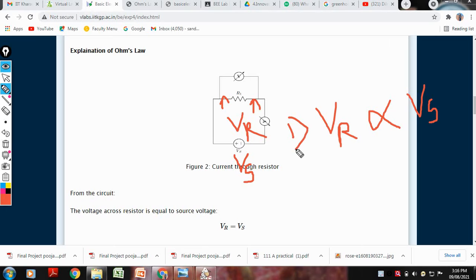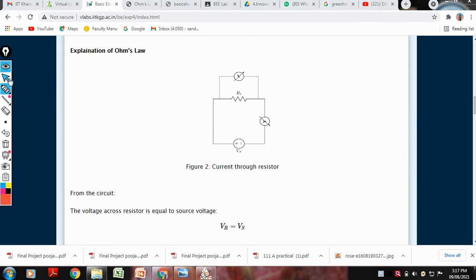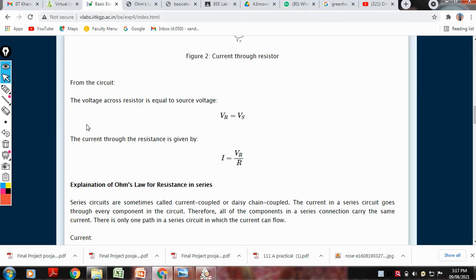This is the important phenomenon: the voltage across the resistor is directly proportional to Vs, that is VR is equal to Vs. This is the important concept of Ohm's law. And also the current flowing through the resistance is I.